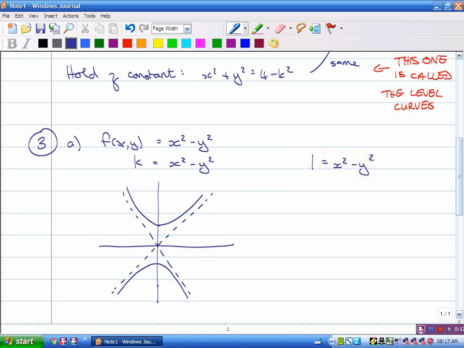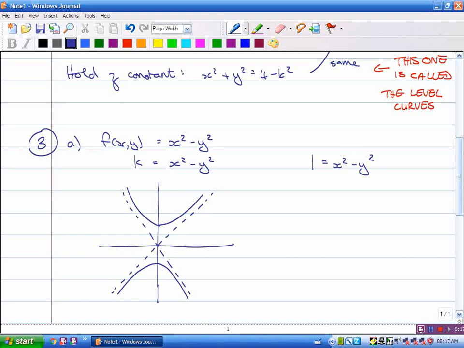If I want to solve for my axis intercepts, like where this curve cuts the x-axis, where this curve cuts the y-axis, I will be able to solve for such information if I'm looking for x. But I will not be able to solve for that information if I'm looking for y. Because if I'm looking for x, I'll set y equals 0, x squared equals 1, not a problem. If I'm looking for my y-intercept, I'll set x equal to 0, minus y squared equals 1, problem.